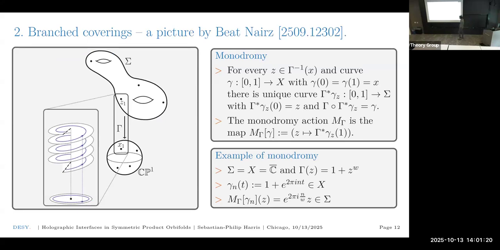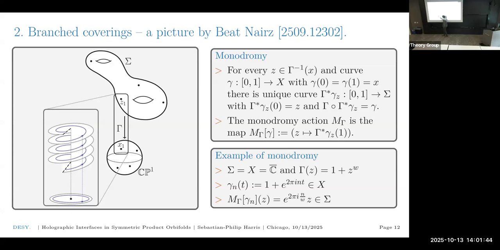Okay, and before I move on, I want to show you a nice picture that I've taken from a paper by Bert Nice, which illustrates these things. So here he shows covering space sigma, which is again a two surface, X to be a sphere. He marked a bunch of ramification points in sigma and branch points in X. And in particular, he singled out one ramification point Z1 and one branch point X1.